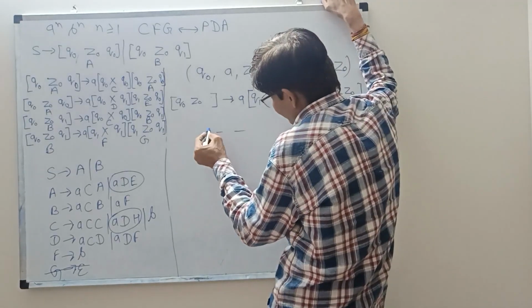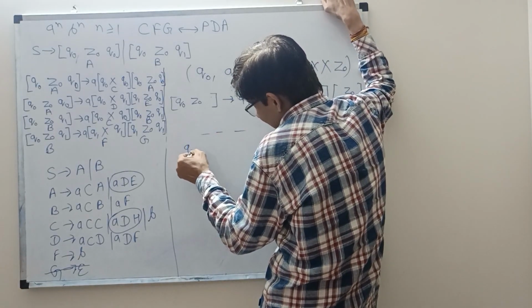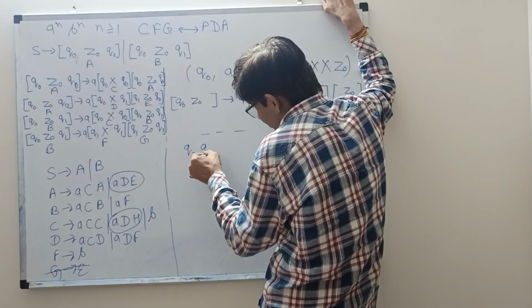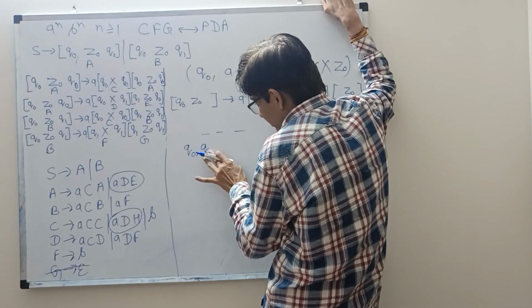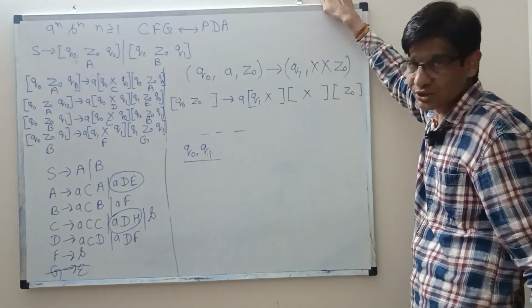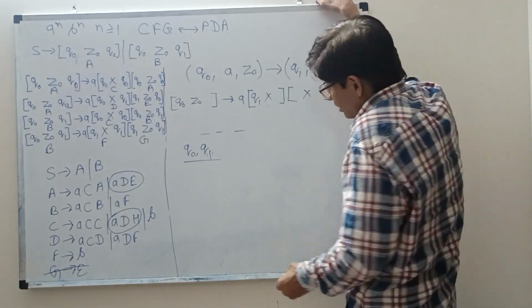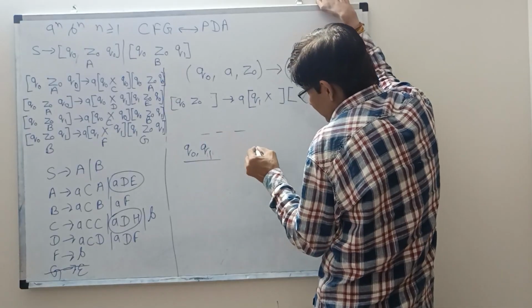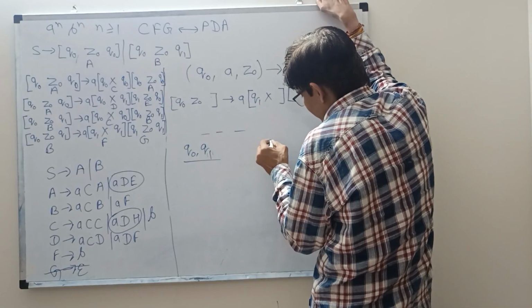That means Q0 and Q1. Both these values you can use to fill each position. Now you can have 8 different combinations.